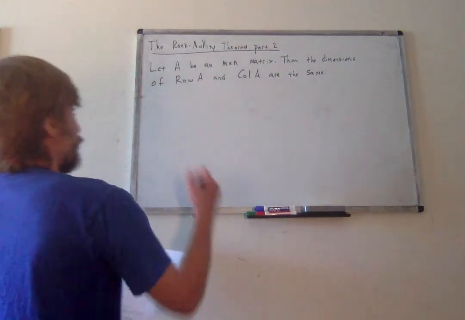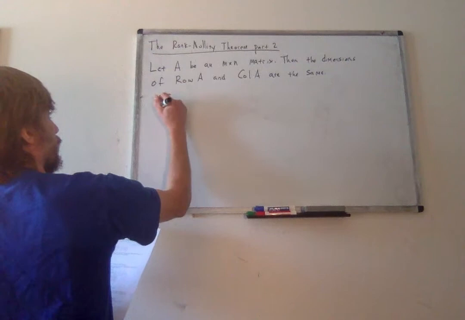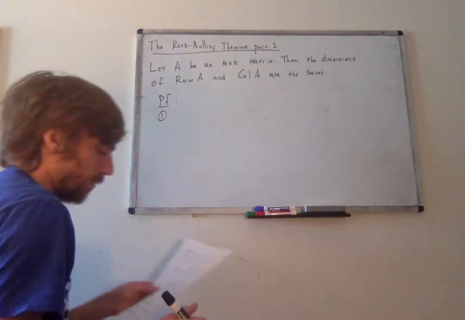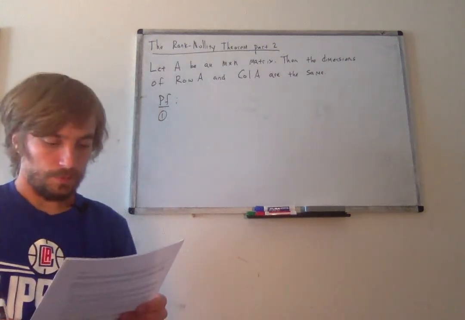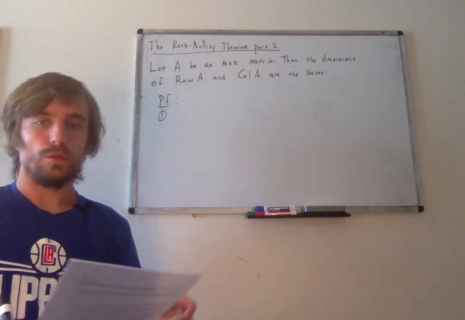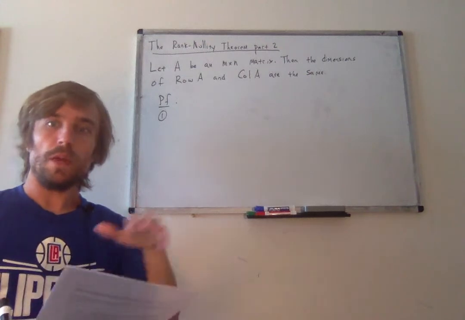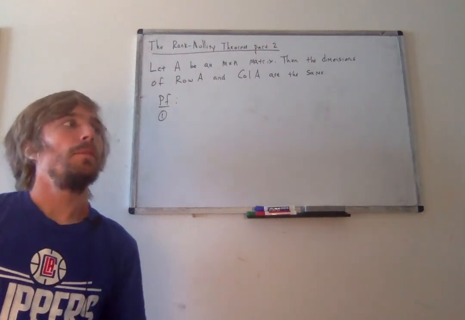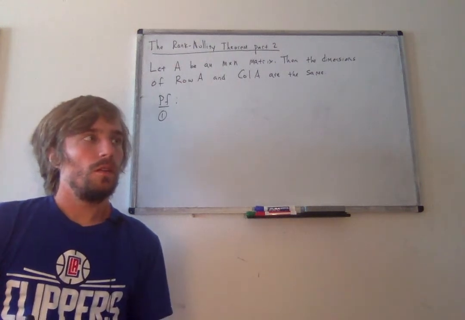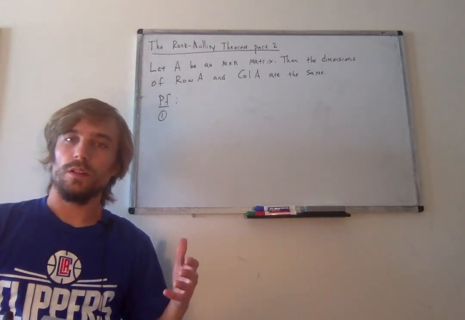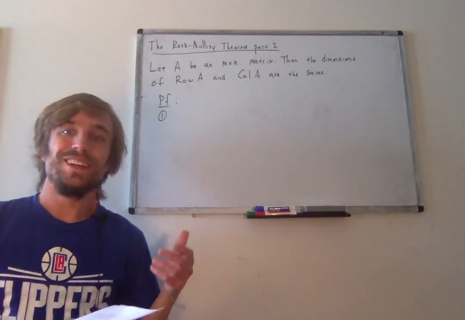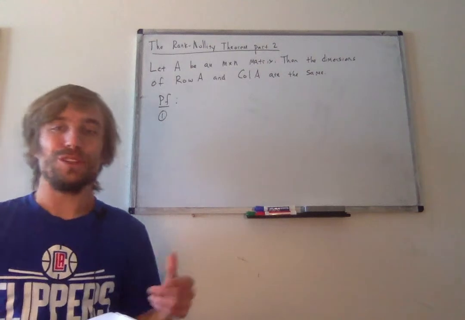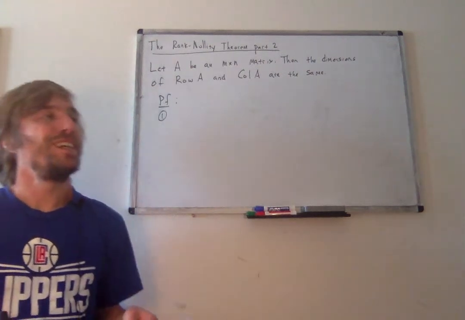So to prove this, I've broken this down into a couple steps, and I would highly recommend trying to think through it first. Notice that if you go back through the methods of how we calculate the dimensions for each of these spaces, we have the same start. We calculate the dimensions of both of these spaces by row reducing a matrix.